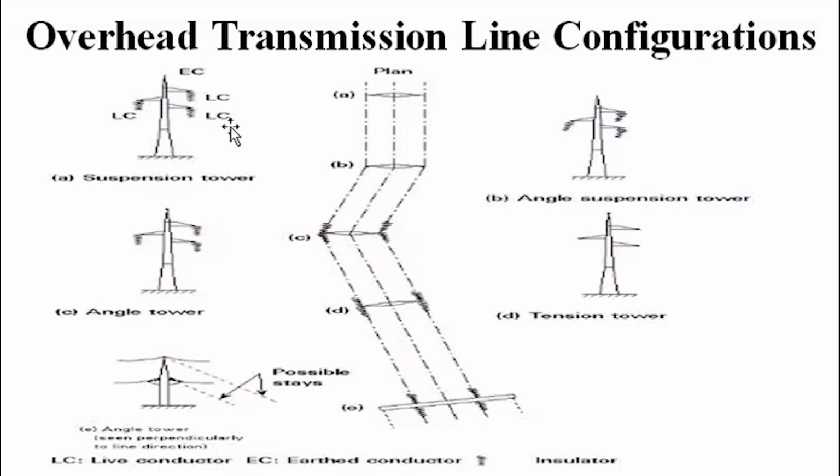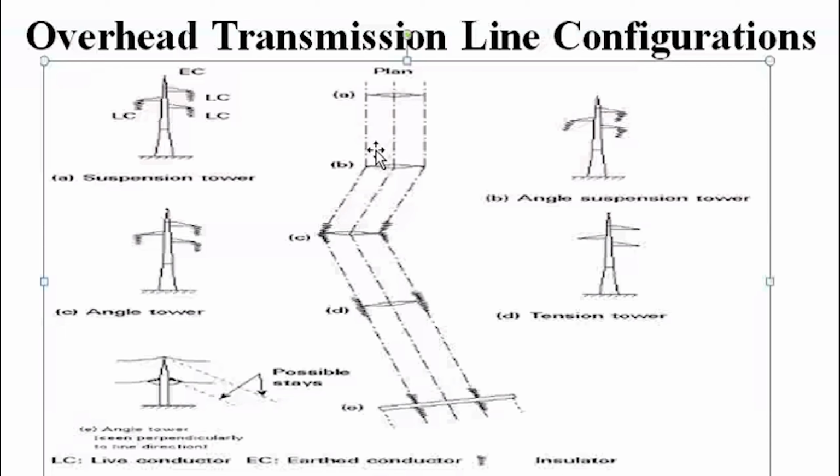So different positions are there. When the path of the transmission line is a straight line, you go for the type A tower. If we have a turn, then you go for the B type tower, the angle suspension tower.